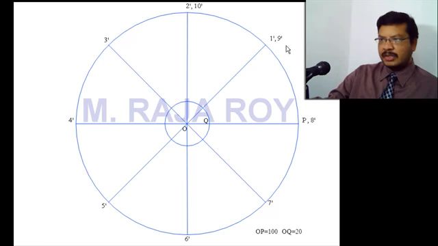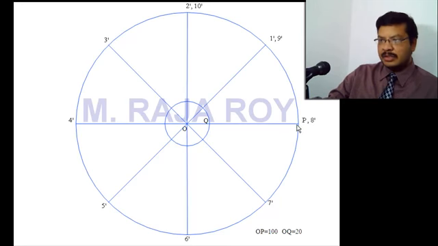For covering 1/4 of the circle, you will get 9th point and 10th point. 1, 2, 3, 4, 5, 6, 7, 8 for one convolution, and 9 and 10 for another 1/4 of the convolution. That means totally 10 points you have to mark on the circle, because here the number of divisions is 8 and you are drawing for 1/4 of a convolution.